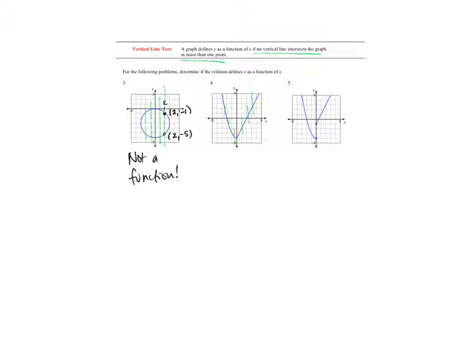So this one passes the vertical line test, and this is a function. And this one is not, because right here I have two places. If I threw a vertical line right there, it would hit that graph twice. So that fails the vertical line test and it is not a function.